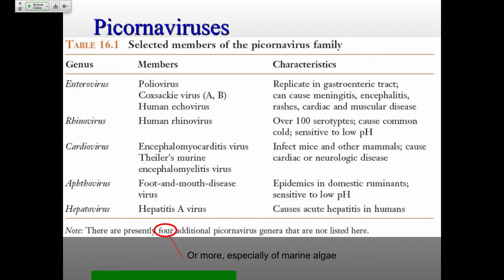But the picoRNA viruses, there are lots and lots and lots of them. I think that was the main point of this slide. Mostly what we're talking about in this class and other classes is polioviruses, but the rhinoviruses are much more common than these polioviruses, and in fact, I've got probably a little rhinovirus infection going on right now.